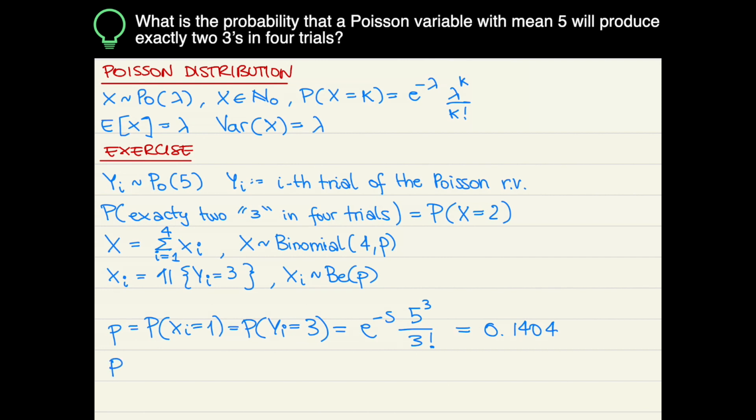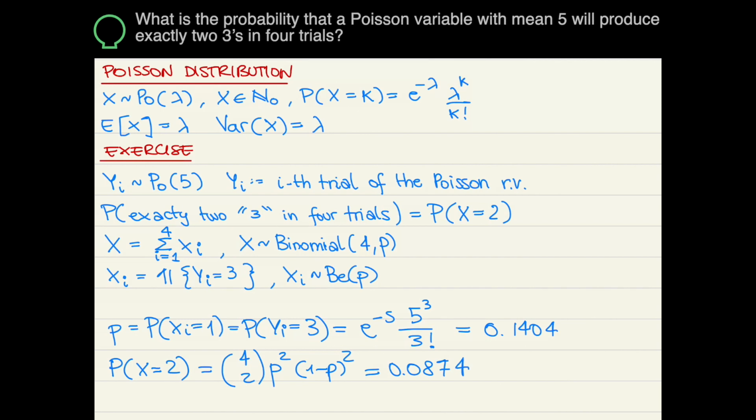We now use the probability mass function of the binomial distribution to find that the probability that x is equal to 2 is equal to 0.0874, which is the probability we were searching for. The Poisson distribution was originally studied by the French mathematician Poisson as a limit distribution for the binomial distribution.